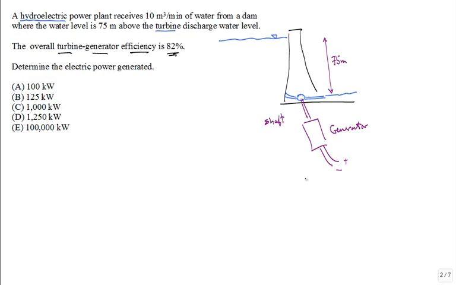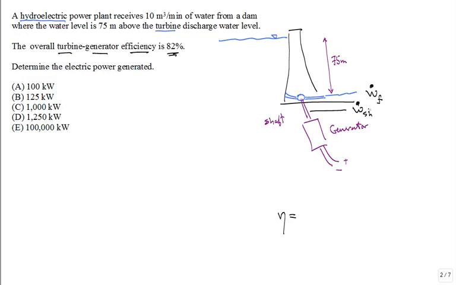Well, we use some symbol for efficiency, maybe eta, and it's 82%, but what exactly is it? Well, you're getting energy out of the fluid stream. Let's talk about the power that is in the fluid stream that's going to come out. If the turbine was 100% efficient, it would convert that to the power in the rotating shaft.